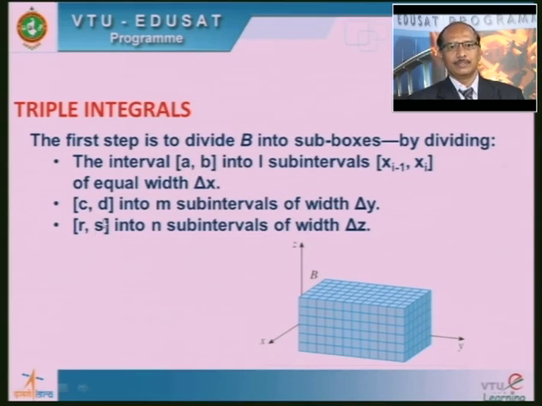Similarly, the interval CD, the y limits in y direction, divided into m subintervals each of width delta y. And in a similar way RS, the z limits in z direction, divided into n subintervals of width delta z. So, in all the three directions we divide them into sub boxes.